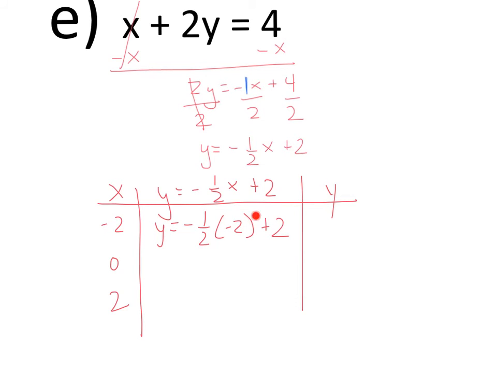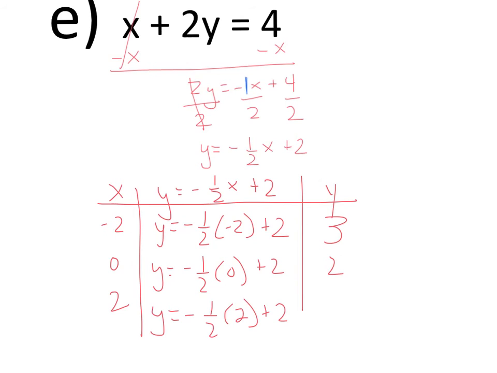Half of 2 is 1. A negative times a negative is a positive 1. So 1 plus 2 is 3. Now negative 1/2 times 0 is just going to be 0. Plus 2 is 2. And then now I've got negative 1/2 times 2 plus 2. Well, again, half of 2 is 1. So it's a negative 1 plus 2, which is 1.